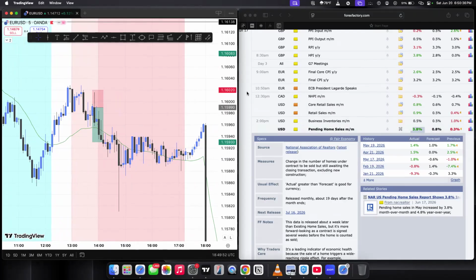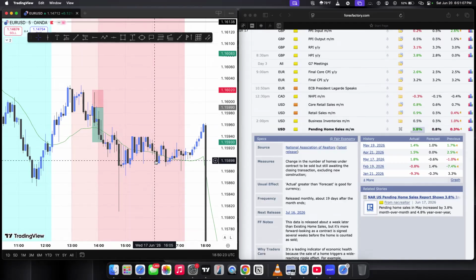But if this actual figure was to be less than the forecast, I would have waited for, let's say, 2 p.m. or 5 p.m. But if my entry was before the 2 p.m., I would have waited on adding another position.